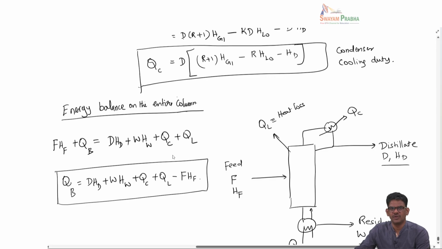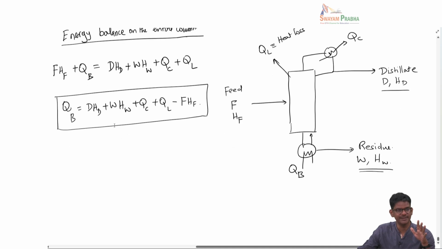The point of doing all this is that you should be able to take a particular section or the overall section of the entire column, and write the overall material balance, species material balance, and energy balance. These are all coupled.